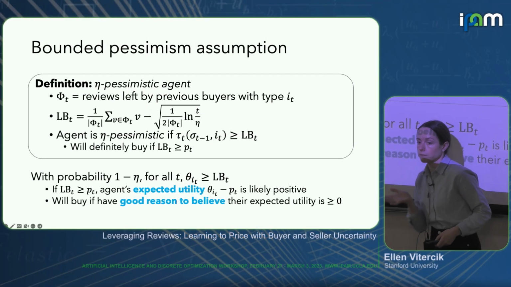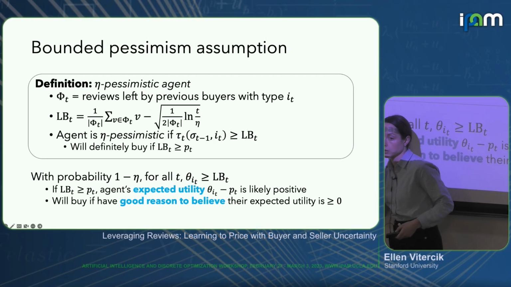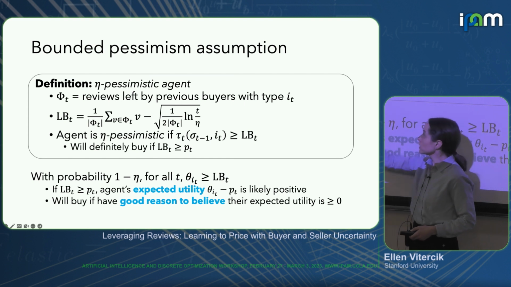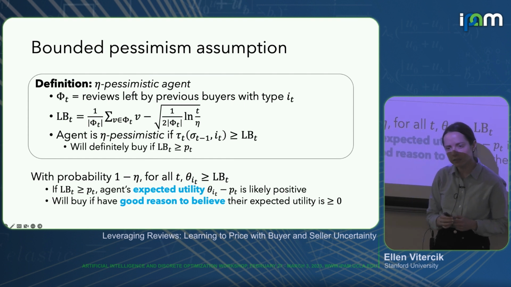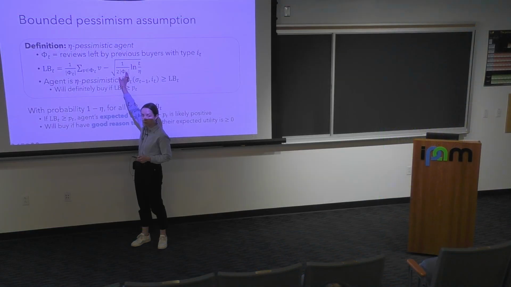So if everything goes right, this lower bound should be increasing up to their actual ex ante value, theta, which is the average. This term is decreasing as the number of reviews grows.